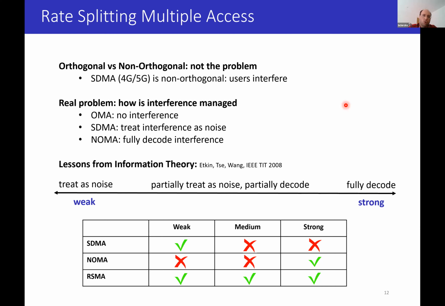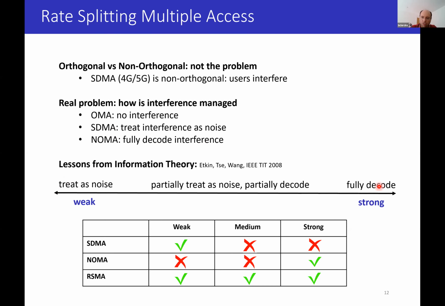And so in orthogonal multiple access, there is no interference simply because you use orthogonal resources. In SDMA, you treat interference as noise. In NOMA, you fully decode interference. What we know from information theory is that treating interference as noise is okay as long as the interference is weak.